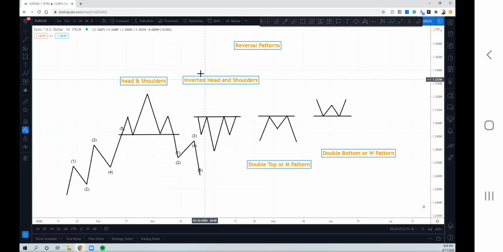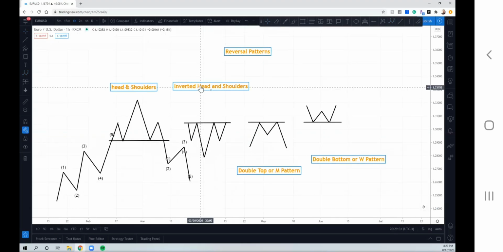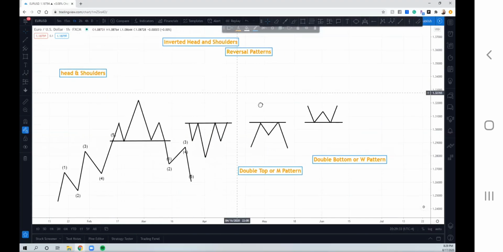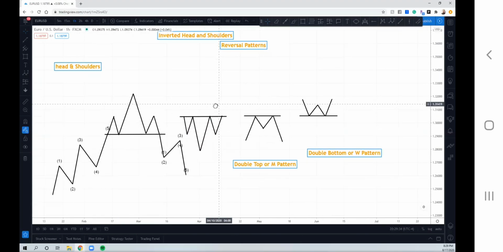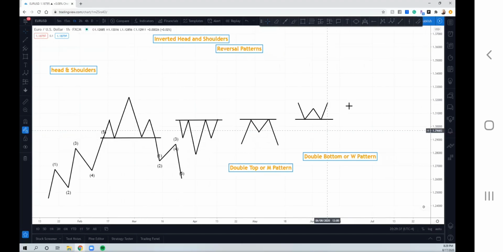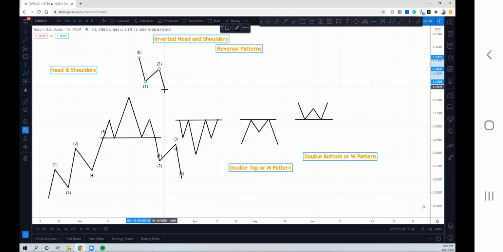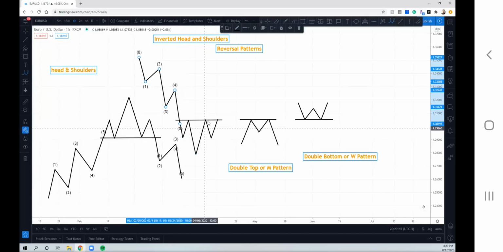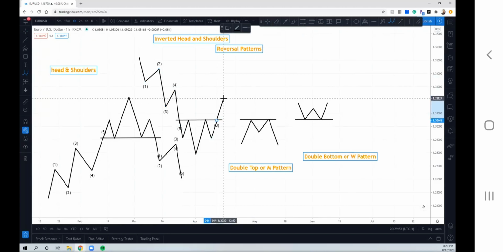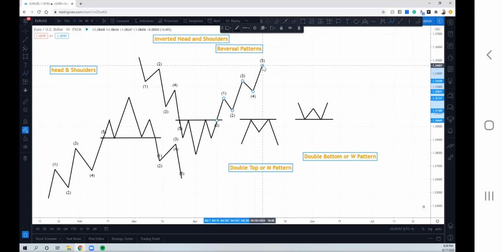All right. The inverted head and shoulders pattern is quite the opposite. You will see this happen at the bottom of a downtrend. So we will have a downtrend coming this way, and then you will see this head and shoulders pattern form in order for it to go the opposite direction and start going in an uptrend.